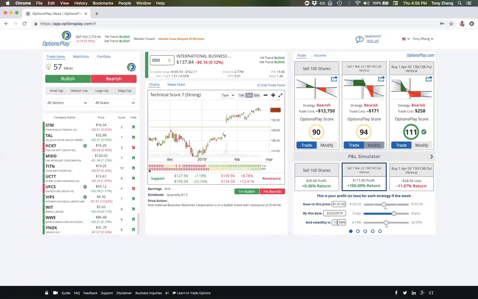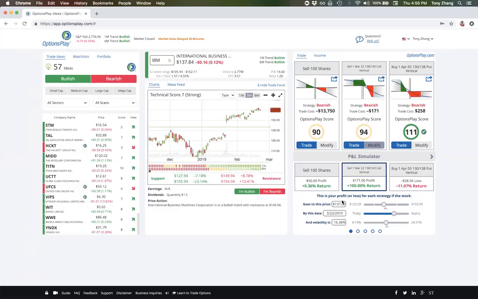It's at 16%, very low for IBM. So you might be inclined to buy a debit spread because implied volatility is low. But if the stock stays exactly where it is, if I bought the debit spread, I'm actually losing money. Versus if I sold the credit spread, I collect $171, the full credit that I receive, as long as IBM stays where it is or moves lower.